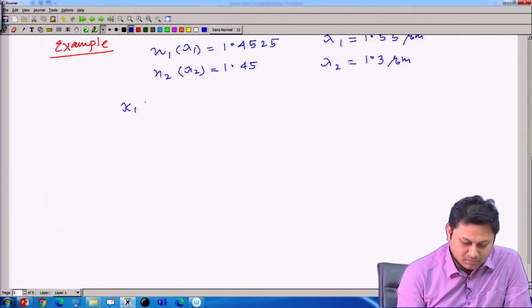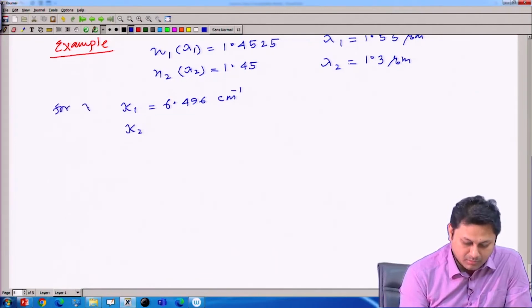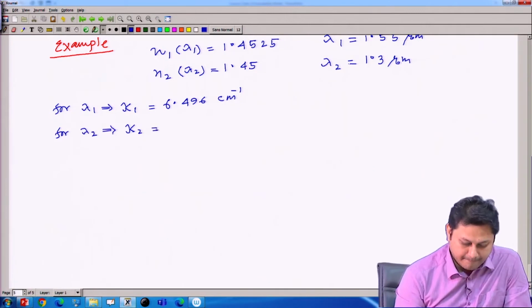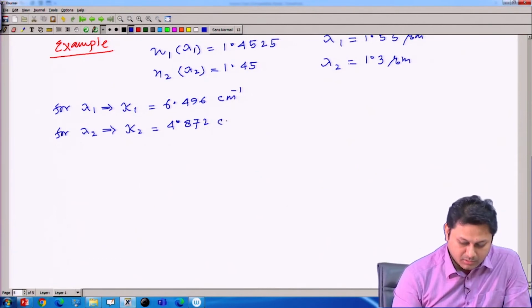and the coupling coefficient kappa 1 is equal to 6.496 centimeter inverse, and kappa 2, this is for lambda 1 and this is for lambda 2, is 4.872 centimeter inverse.